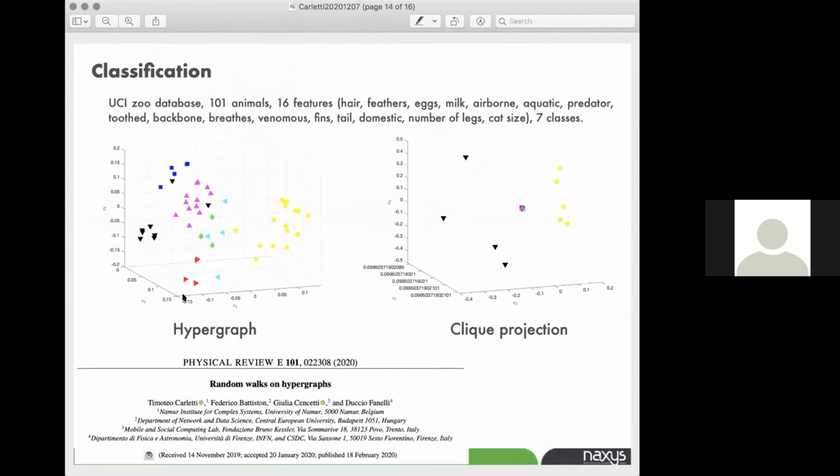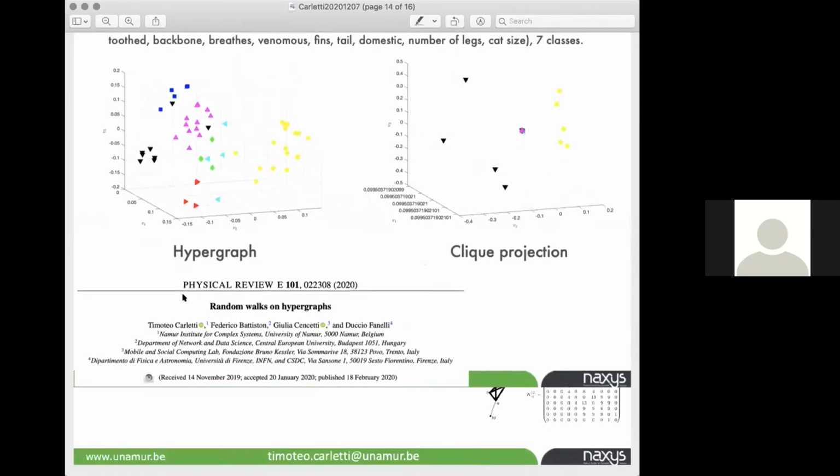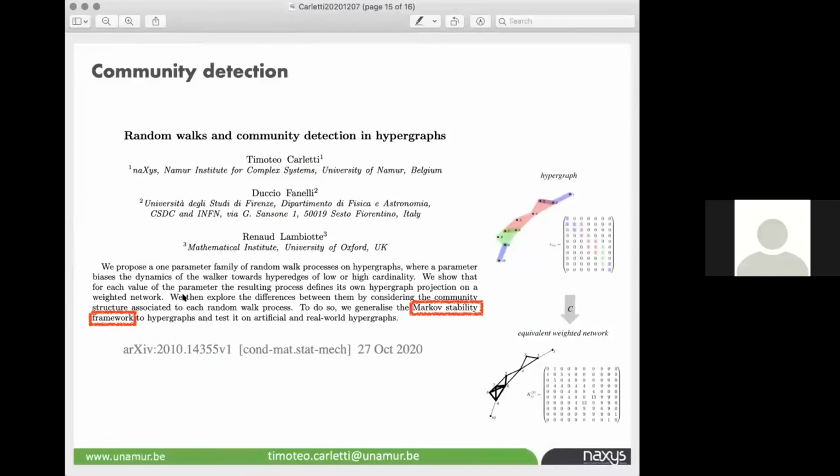We show indeed that if you use the hypergraph, you can better classify, here in the case of animals, instead of the standard projection on the network. And more recently, we also used this approach for community detection. We show that using the high order interactions present in the hypergraph, you can better represent the community structure of the data instead of the simple projection.